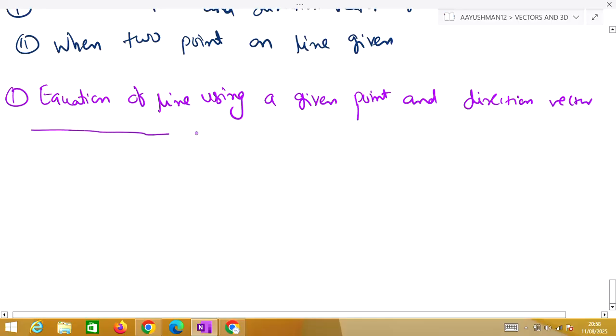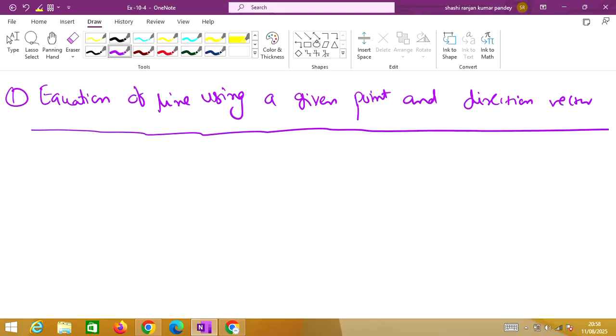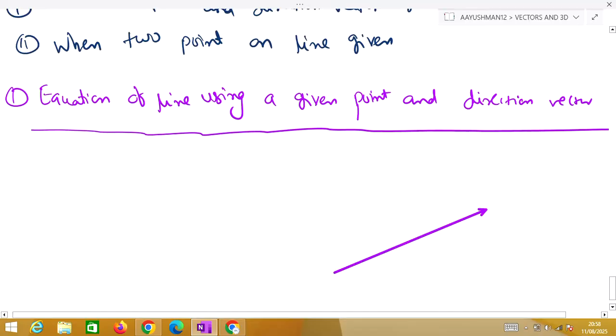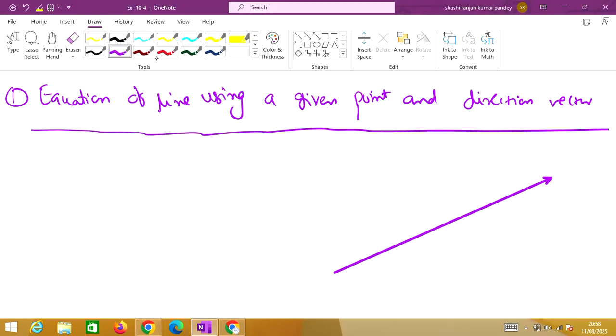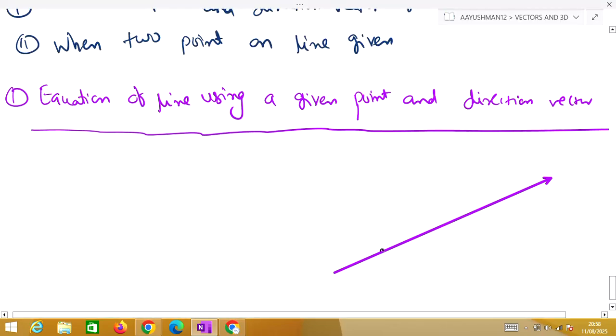So see how we can write. Suppose we are given a line like that, and one point on the line is given, let us say this is the point A, having position vector a.